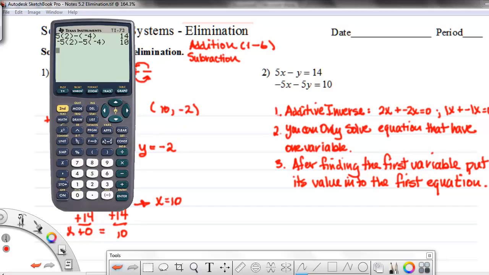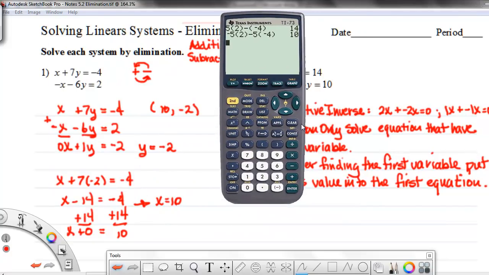Let's take a minute and go ahead and check it. On these equations, there should be no reason why you can't find the solution on everything, because they're so easy to check. When you substitute in a variable in an equation, make sure you use parentheses around it. It's a negative 2 for the y, 10 for the x, and it better be a negative 4.